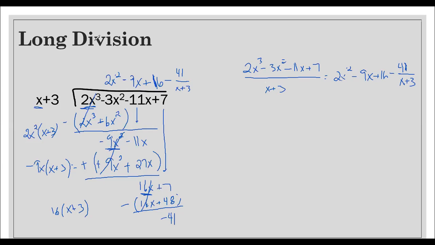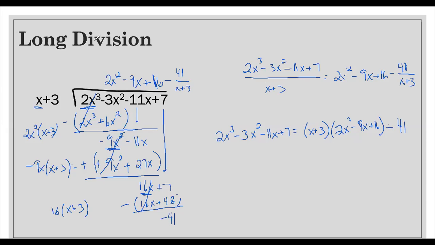The other way we can write this is we can write this as 2x cubed minus 3x squared minus 11x plus 7 is equal to, our divisor is x plus 3 times our quotient without the remainder, this 2x squared minus 9x plus 16, and then plus our remainder, which actually is negative 41.